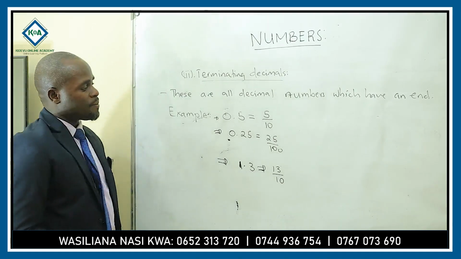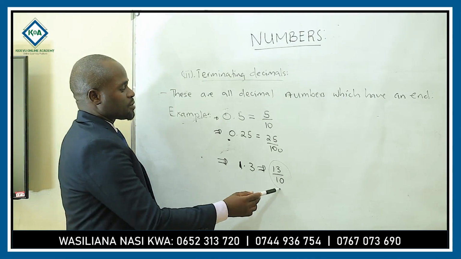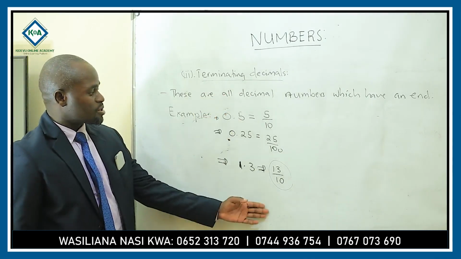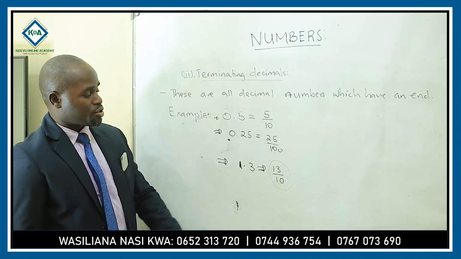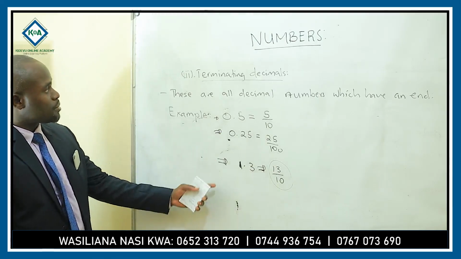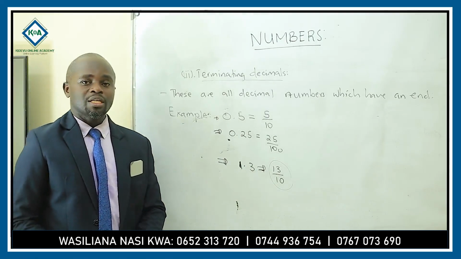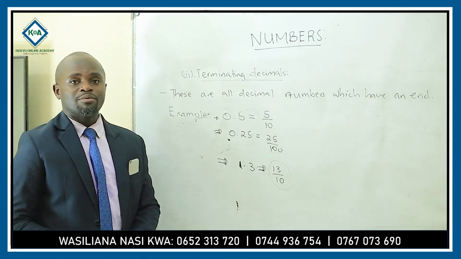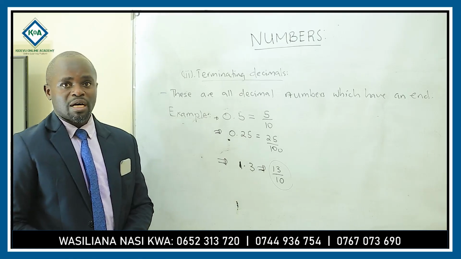Now 13/10 is a fraction number. Since it is a fraction number, it means a terminating decimal is what? It is a rational number. So these are examples of terminating decimals, and we said all terminating decimals fall under the first type of number, which is a rational number.